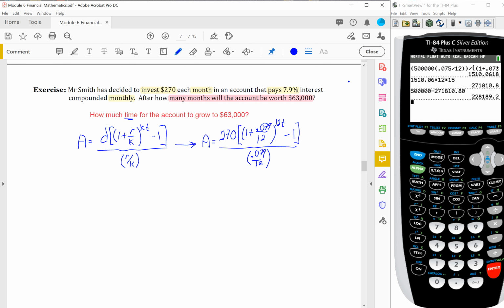So we're trying to solve this equation. Okay, so here we go.